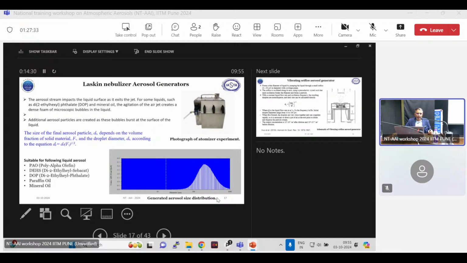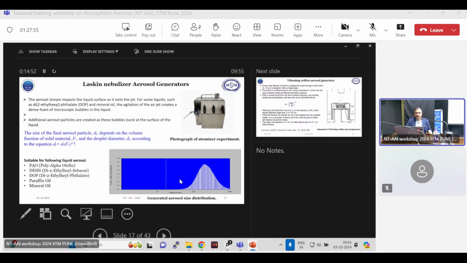And here, for the material dissolved in a fluid or solution, the diameter emitted by the nebulizer can be correlated based on the diameter of the generated droplet and the ratio of the material dissolved in the solution.